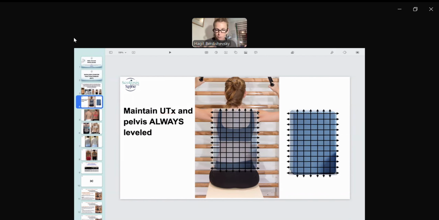With it, of course, we have our axial elongation and sagittal plane correction that we are doing before.